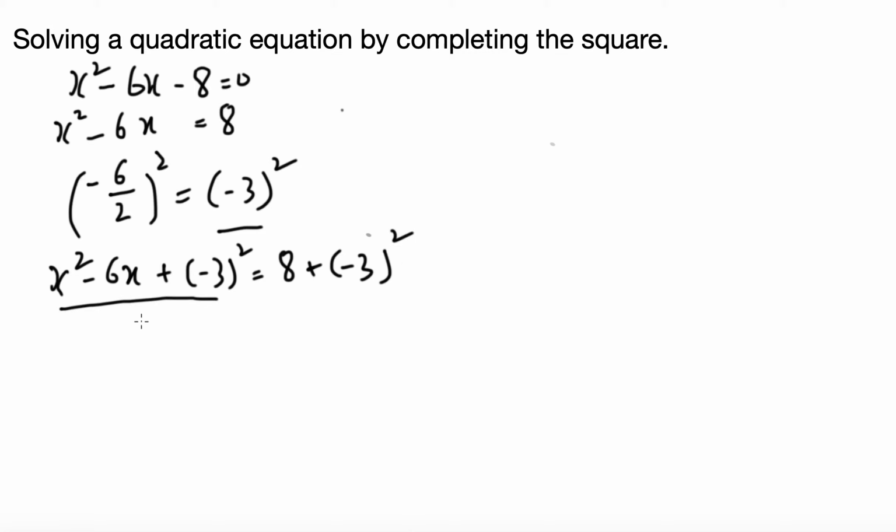This on the left becomes (x - 3) whole squared. 3 squared is 9.